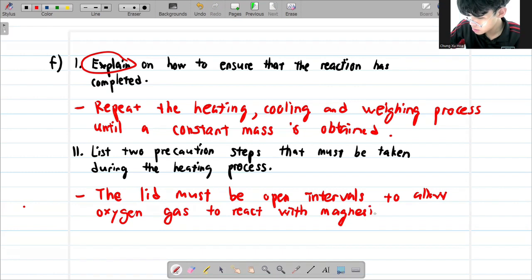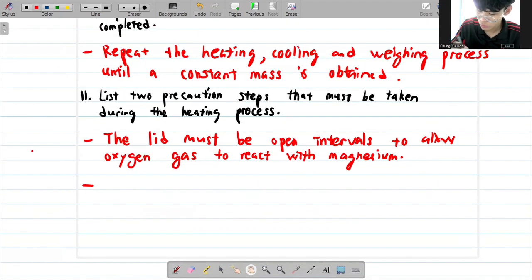It's the same thing. Next, second mark. They want two, right? Two.